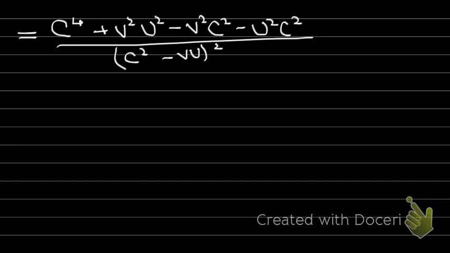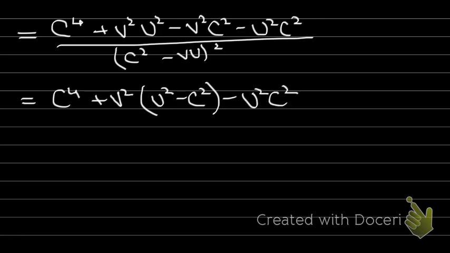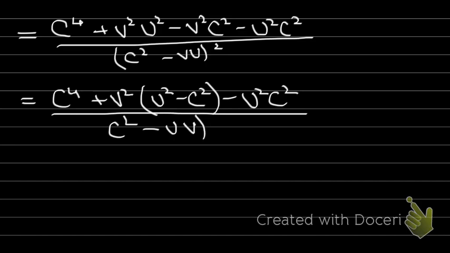So what I would be having is then c to the power 4 plus v squared times (u squared minus c squared), closing the brackets now, minus u squared c squared. And again in the denominator we have (c squared minus u v) squared.